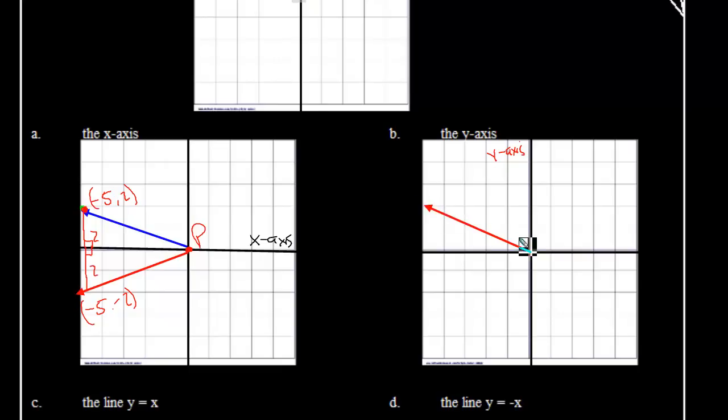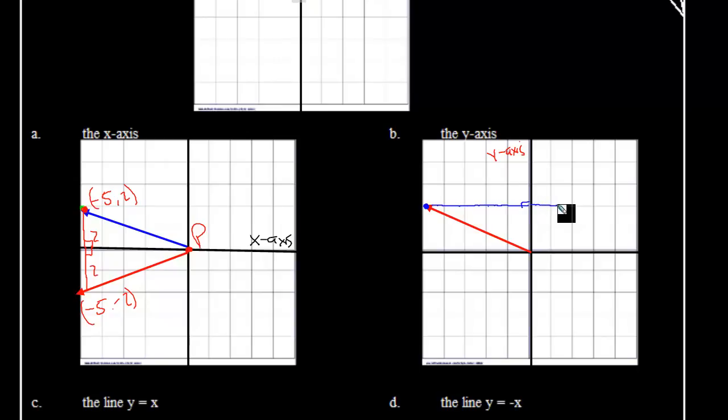So let's do this again. Let's pick any point you want on this ray, such as this point right here. The point that is symmetric with respect to that: if I go till I hit the y-axis so it forms a perpendicular, I had to go 1, 2, 3, 4, 5 spaces.